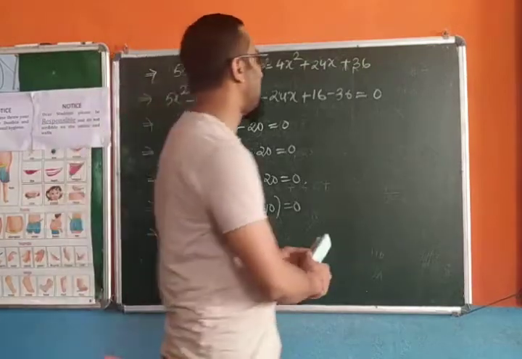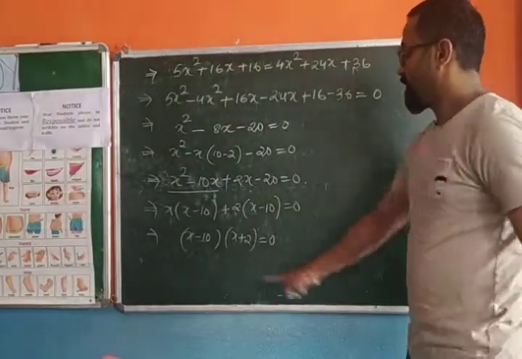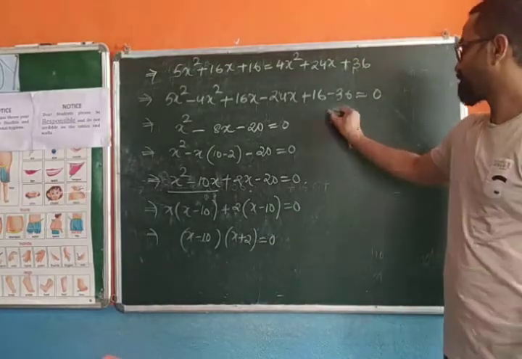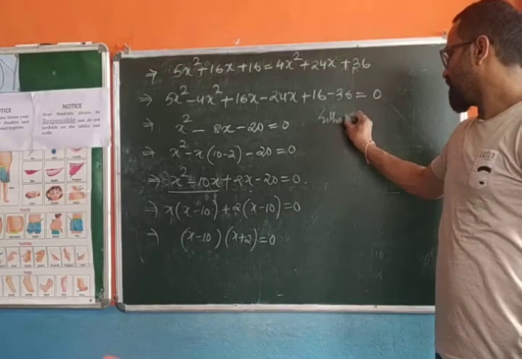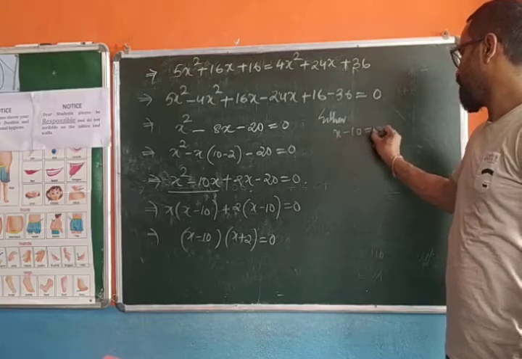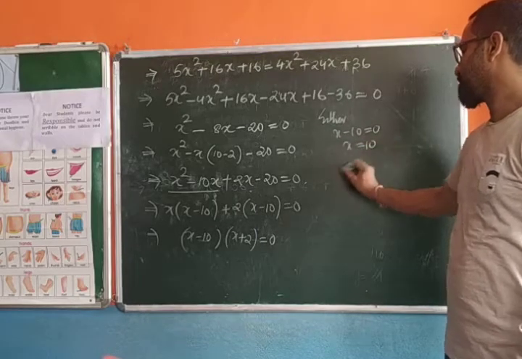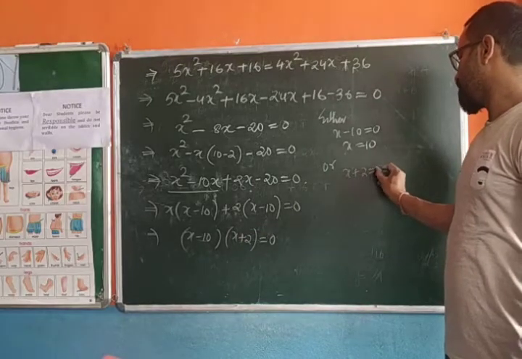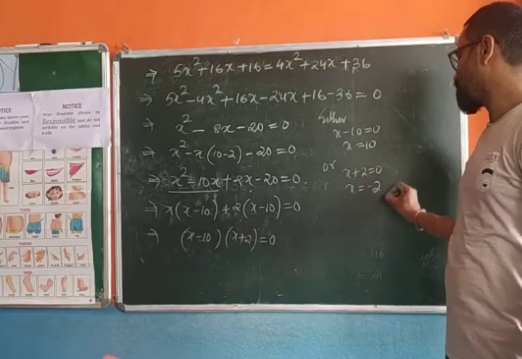And since we have two factors, we equate these two factors to 0. Either x minus 10 equal to 0, x equal to 10. Or the second factor, x plus 2 equal to 0, x equal to minus 2.